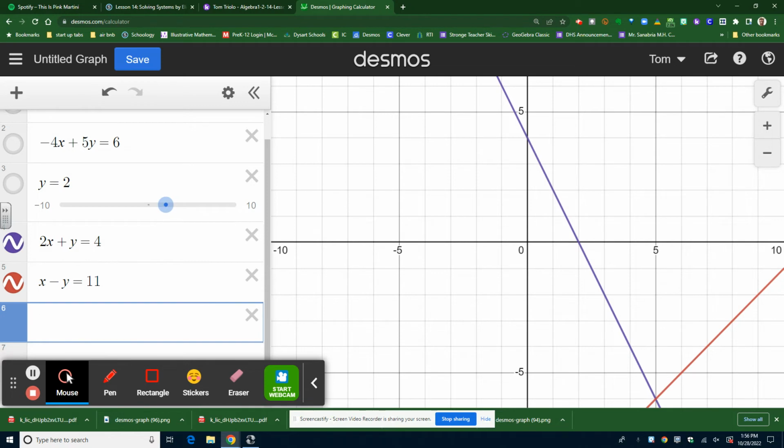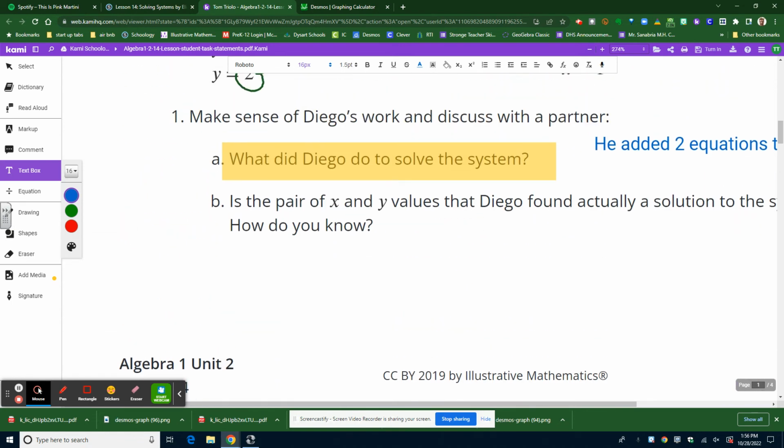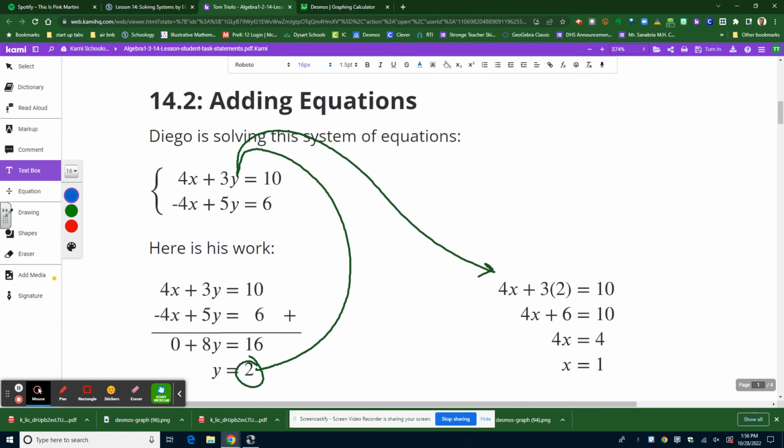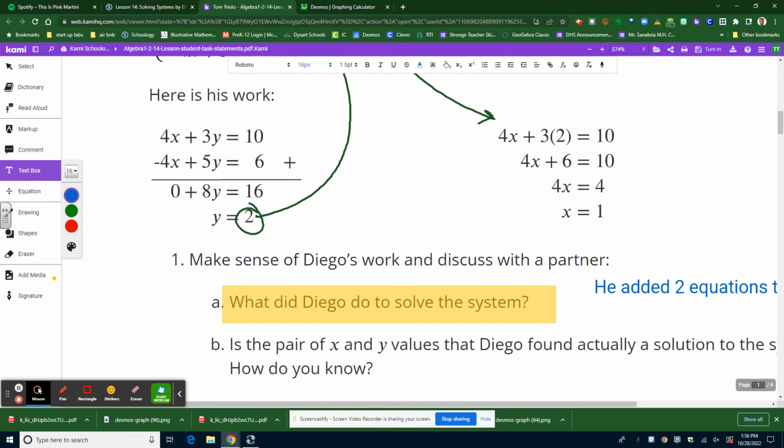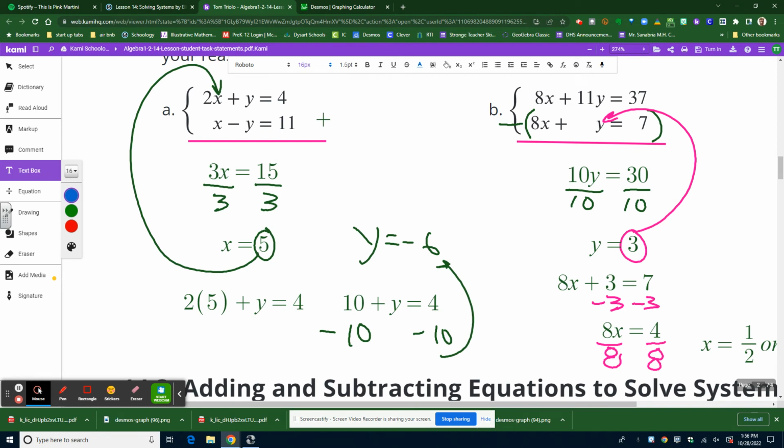What did you get when you added those together? x was equal to what? Oopsies, not these ones. x was equal to 5.